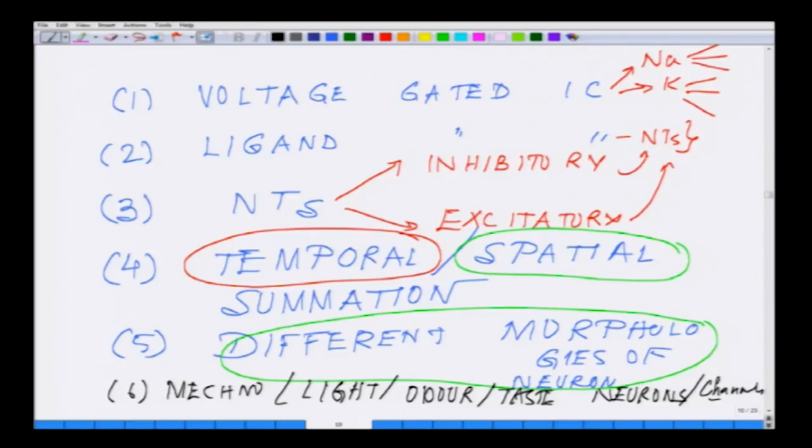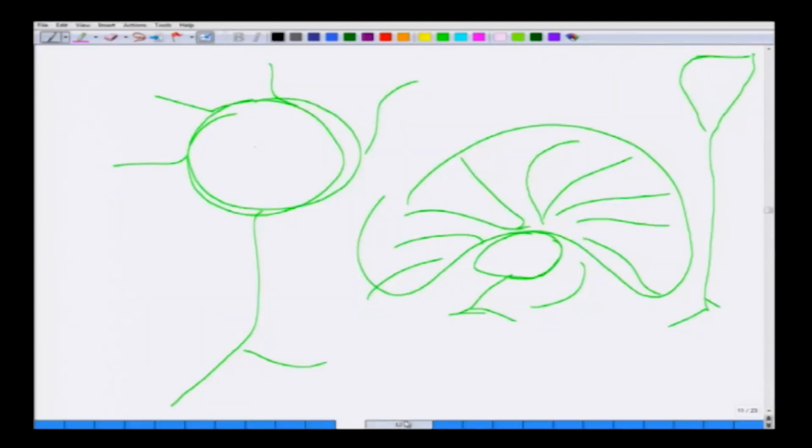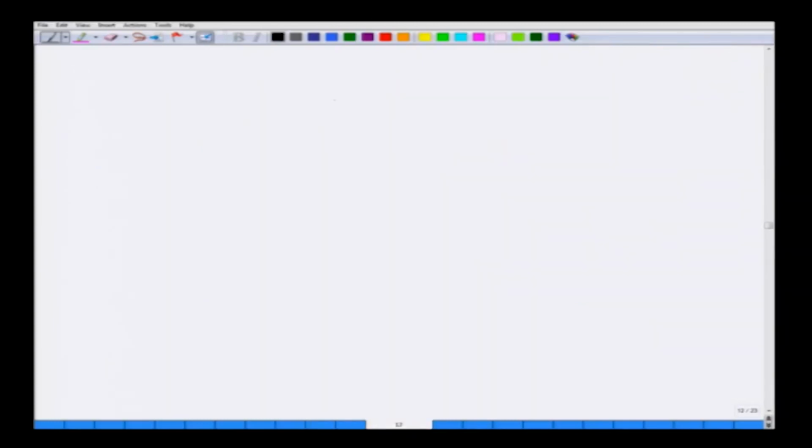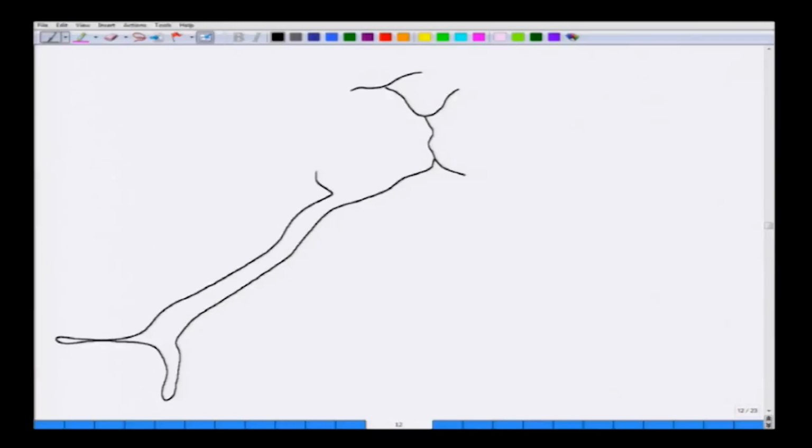One of the techniques people are trying to develop is this: imagine this is the neuronal cell body, and this is the whole process. Whenever there is an action potential or electrical pulse generated, you have sodium ions moving through, and sodium ions eventually lead to an action potential, which we have already discussed.